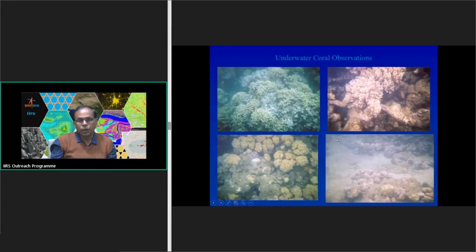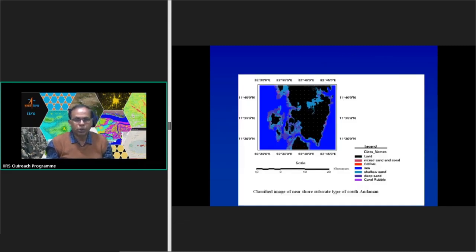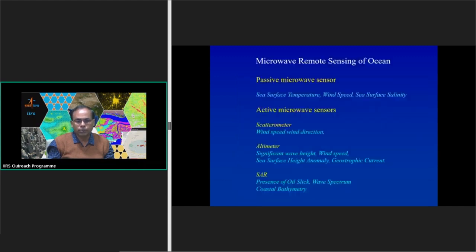And these are underwater coral reef observations, and the high resolution visible remote sensing data are utilized to map the coral reefs around the Andaman and Nicobar Islands.